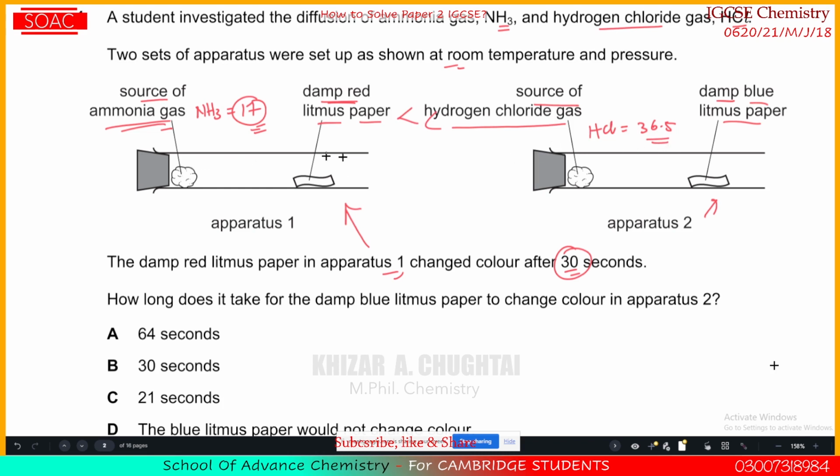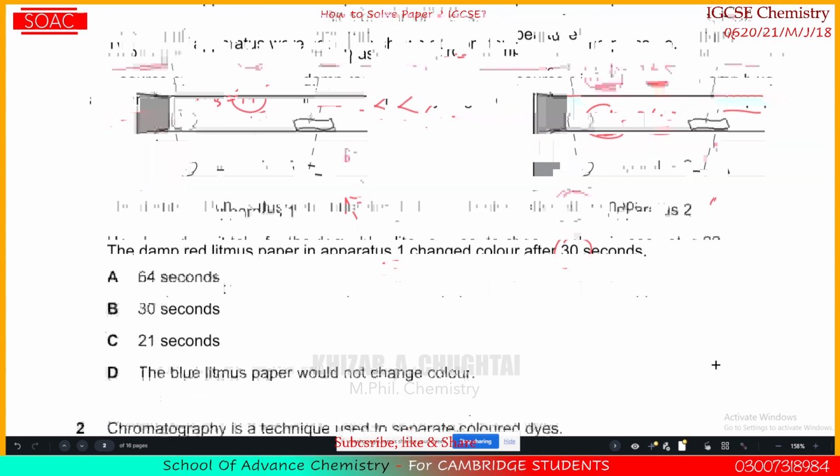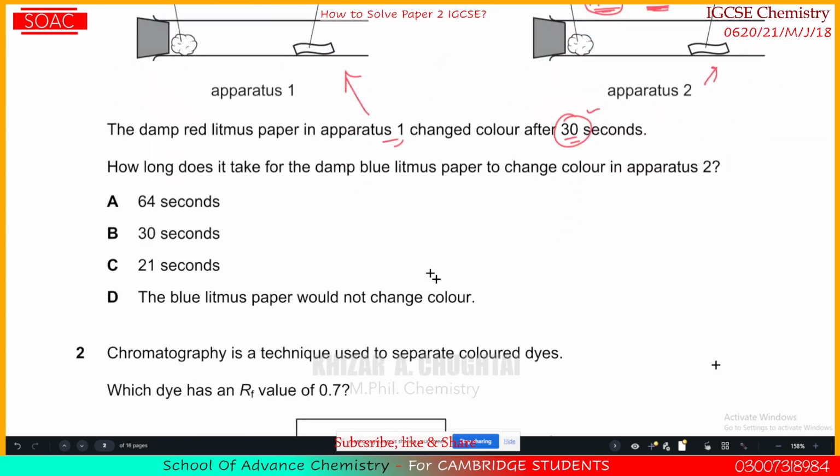If the diffusion of ammonia happens in 30 seconds, it will take more than double the time in the case of HCl. The mass of HCl is double that of NH3, so it will take almost double the seconds, 60 plus seconds, and the option is over here, 64 seconds.